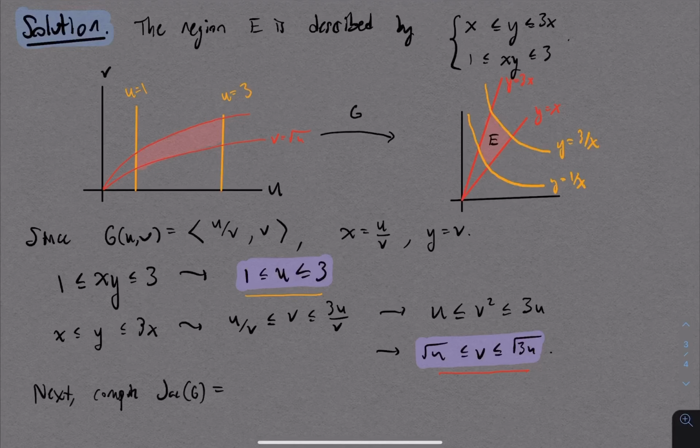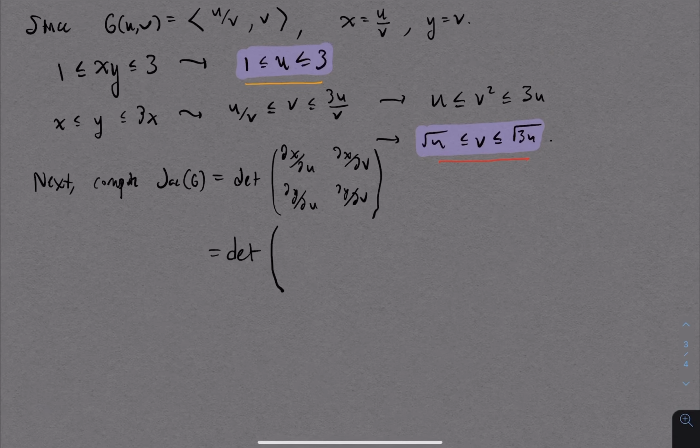So as usual, this will be the determinant of the matrix of first partial derivatives of g. So I'll take dx du in this corner, dx dv in this corner, dy du in this corner, and dy dv in the lower right corner. So the derivative of x with respect to u, pretty straightforward. This will be 1 over v.